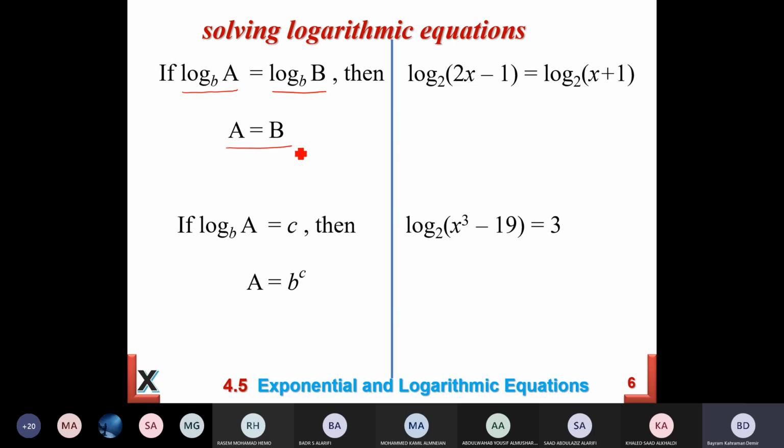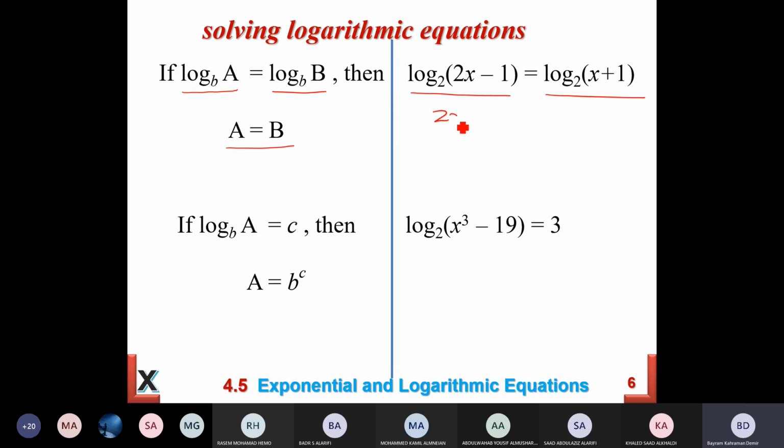Then the arguments of both sides should be equal, because the logarithms are equal. Here is a simple example: logarithm of 2x minus 1 equals logarithm of x plus 1, with the same base, of course. We must have the same base on both sides to use this property.